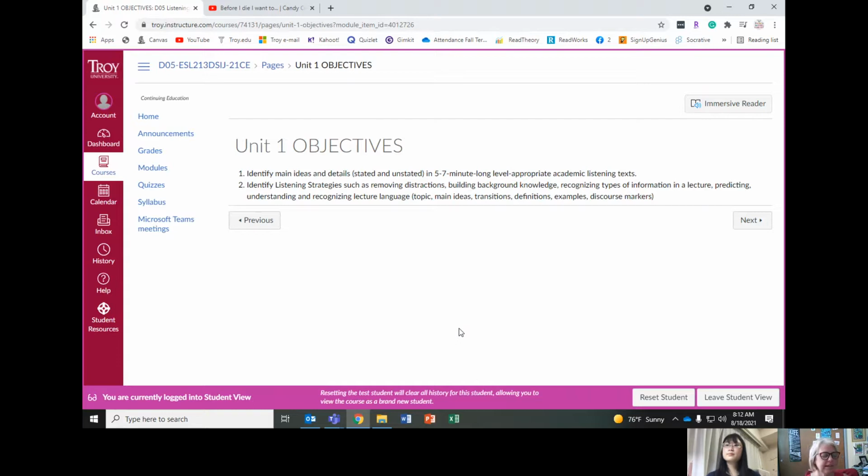Okay, so the second objective here, we've already talked about this, is to remove our distractions. This is how to help you listen easier. So remove distractions, build background knowledge, recognize types of information in a lecture, whether it's predicting, you predict what it's going to be about, understand and recognize lecture language. Like if I'm talking, I might say, today's topic is soccer.